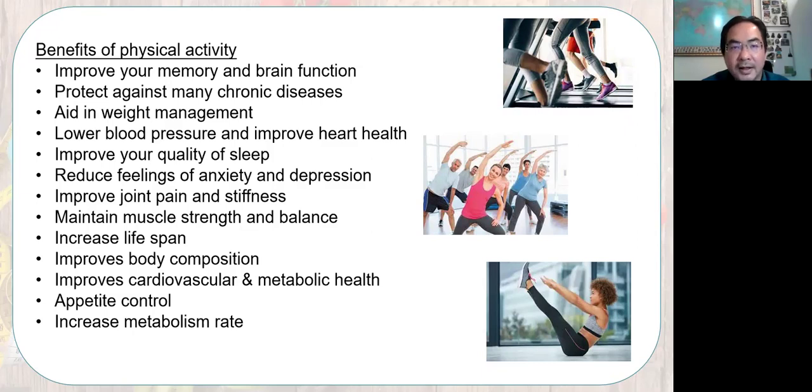Because when you are doing exercise, you basically build up the muscles surrounding your joints and your ligaments and bones. And then it maintains muscle strength and balance, increase lifespan, improve body composition, appetite control. It can help you to control appetite. It can help you to improve cardiovascular and metabolic health, and it can help you to increase metabolism rate.